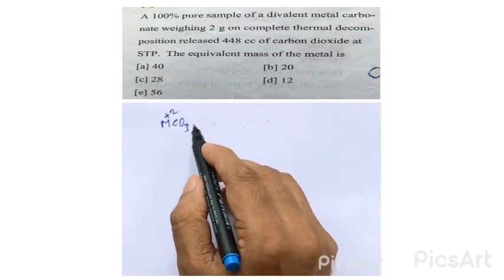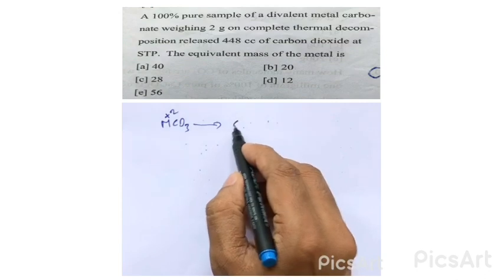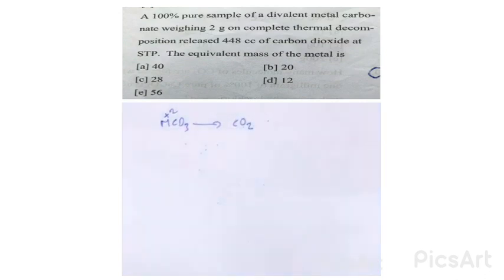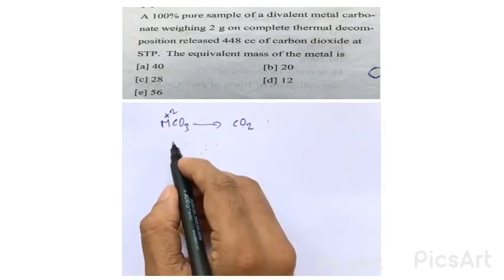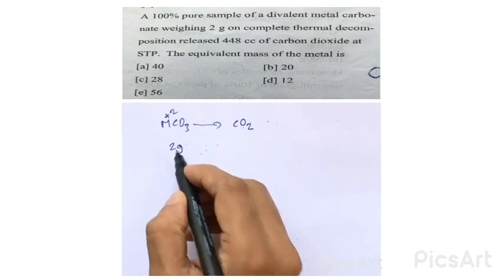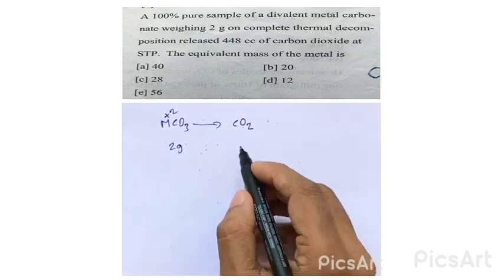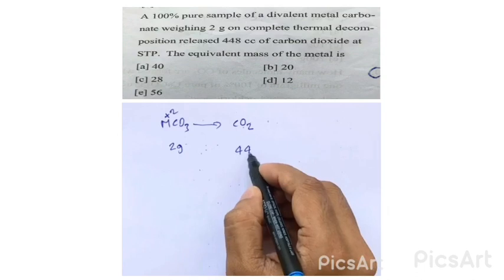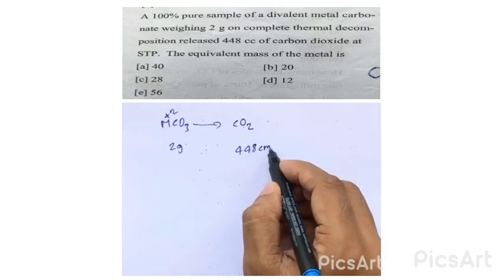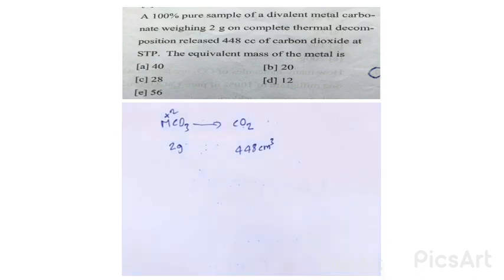On complete thermal decomposition, we get carbon dioxide. If 2 gram metal carbonate is taken, 448 cc, cubic centimeter, CO2 is formed, and we have to calculate the equivalent mass of the metal.